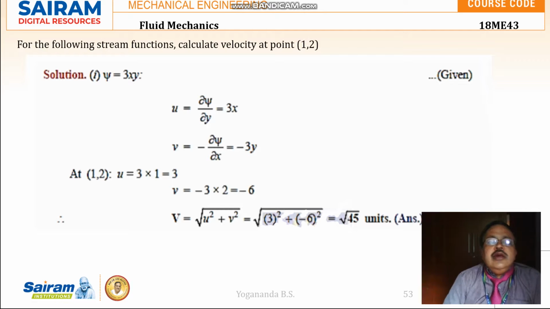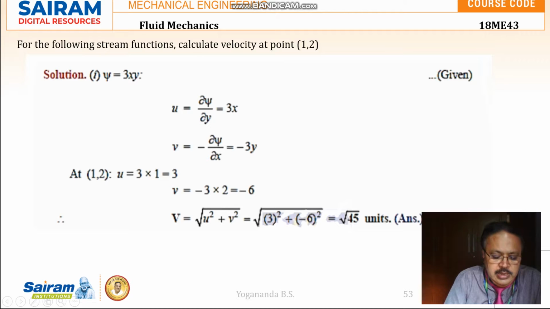Next we'll see the problem. For the following stream functions, calculate the velocity at the point (1, 2). The stream function given is psi equal to 3xy. We want to calculate the velocity components u and v.